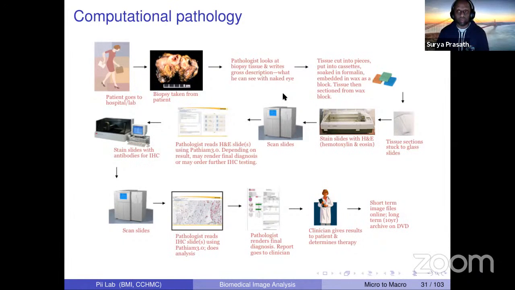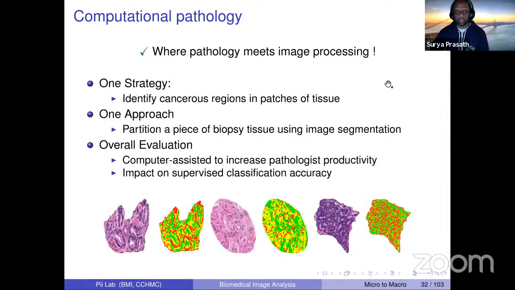So again, the same problem of image processing arises here. Computational pathology is where pathology meets the image processing pipelines. One strategy is to identify abnormal tissues, abnormal regions in these tissues, and apply segmentation models, and also obviously plug into a pathologist pipeline so that he or she can click and do this nucleus segmentation or stroma epithelial segmentation and classification.